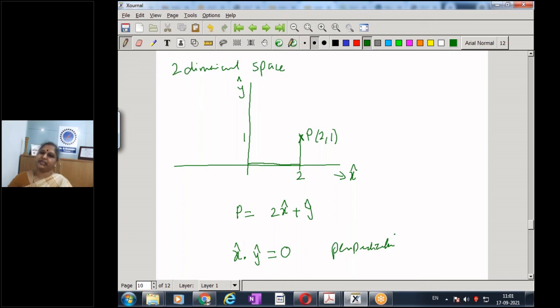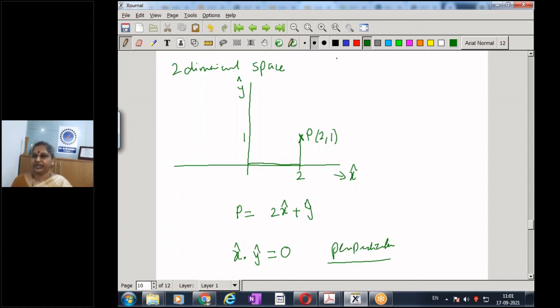So I can represent any point on this two-dimensional space, which has x and y, by using the x vector and the y vector, and I can do so because they are perpendicular. On the other hand, if I had some other vector which is not perpendicular, I cannot.